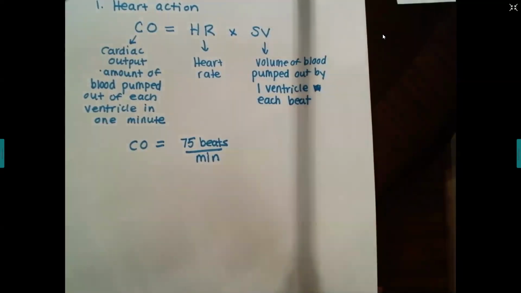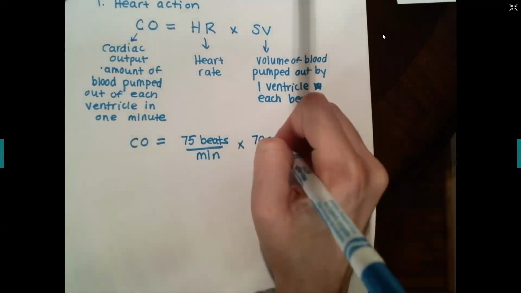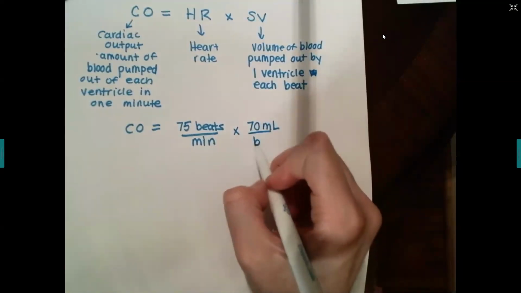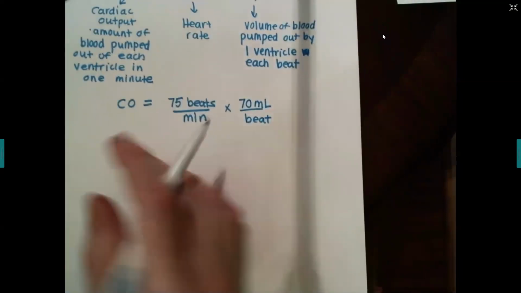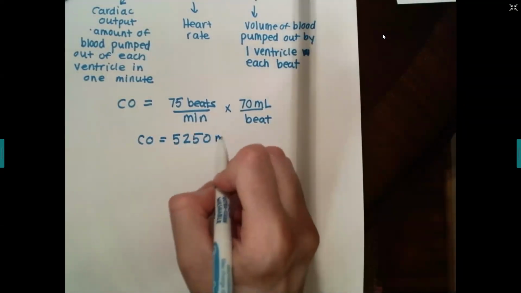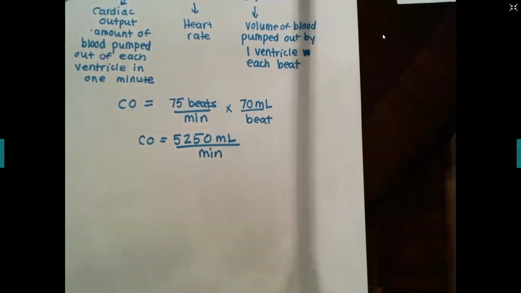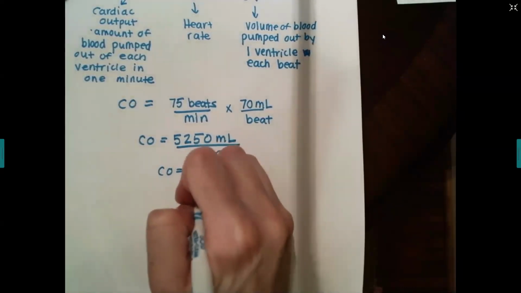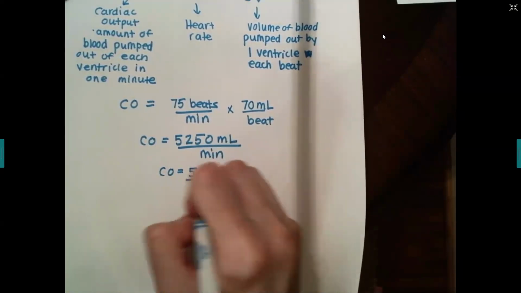So this is every individual heartbeat, and that is roughly 70 milliliters of blood per beat per ventricle. And that gives us a cardiac output of roughly 5,250 milliliters per minute. I'm just going to do a unit conversion here and change this to liters, which is roughly 5.25 liters per minute.